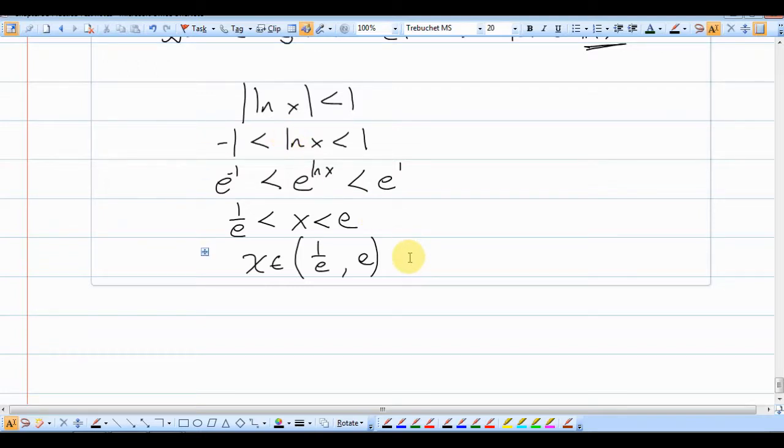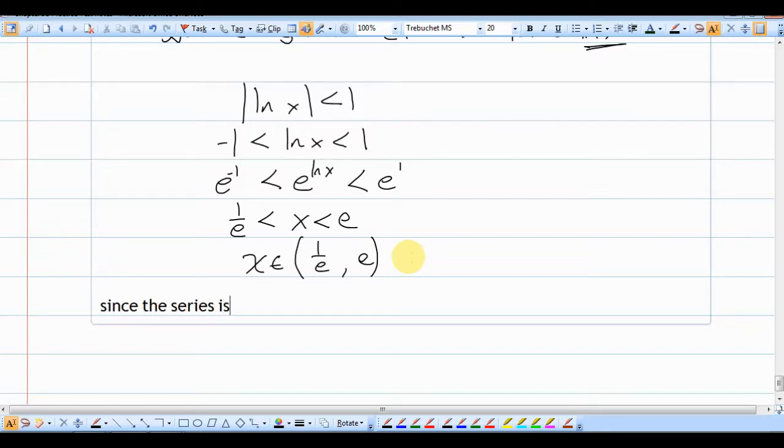Because it's geometric, you don't test endpoints. Since the series is geometric, you don't need to test the endpoints.